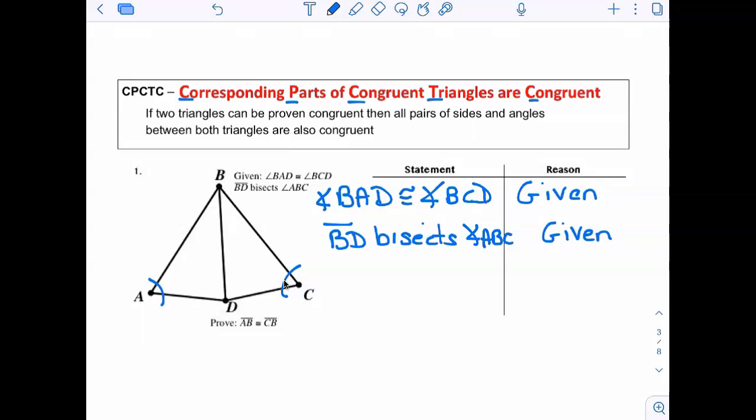Okay, so since we know that BD bisects angle ABC, then that means we have congruent angles up here by definition of bisects. So let's say that angle ABD is congruent to angle CBD. Okay, and again, that would be by definition of bisects.